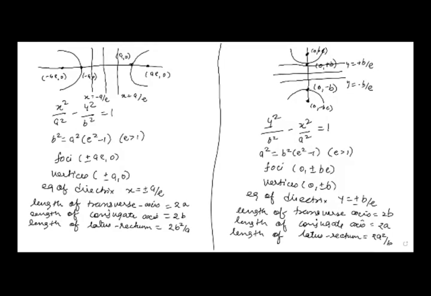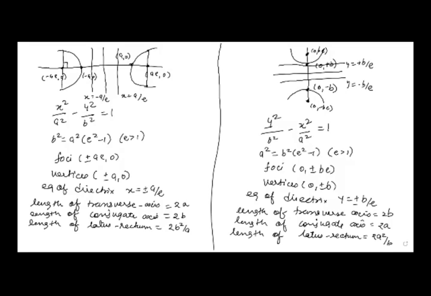See, the latus rectum is a line passing through the focus and exactly perpendicular to the transverse axis. So here we will get two latus recta, and the length is the length of this line segment between these two points.